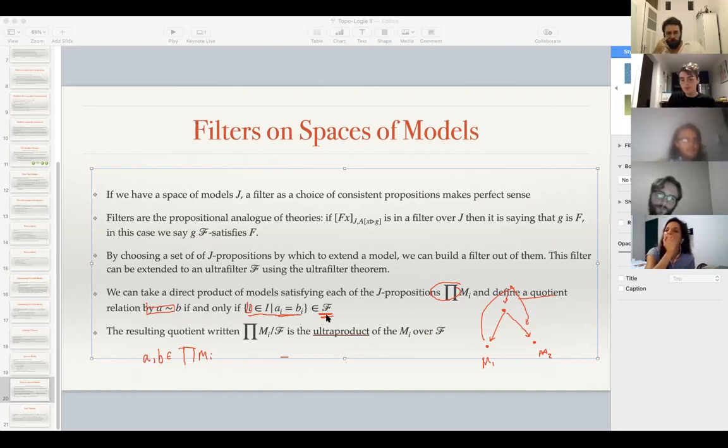Does that make sense? So we're using an ultrafilter to define this quotient, which is going to identify a bunch of things in a product of models.